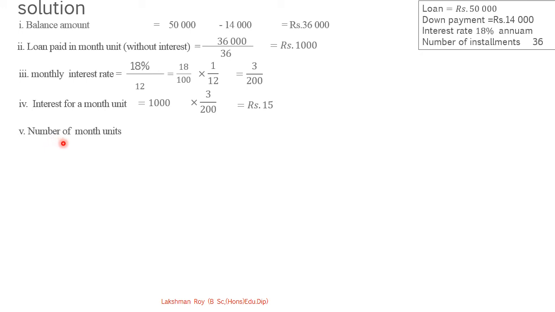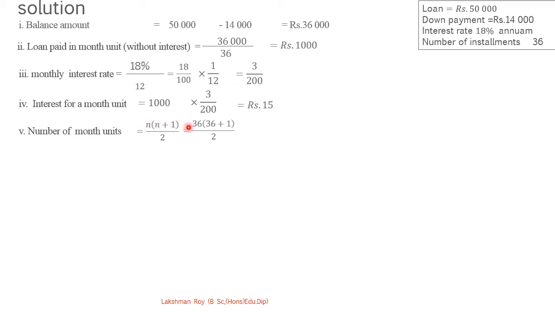What is the formula? n into n plus 1 divided by 2. If you remember this, you can easily find it. Here n means the number of installments. In this question, the number of installments is 36, so you have to substitute n as 36. So what happened then?